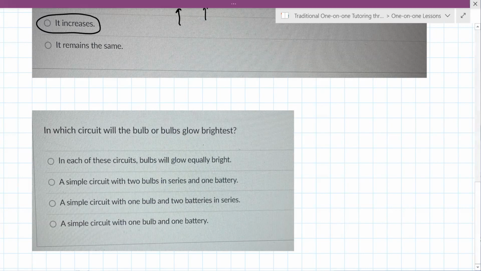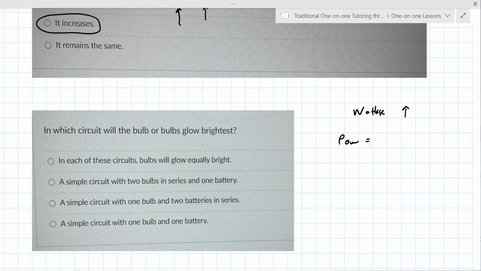We know that a bulb with a higher wattage, like when we go to the store, is brighter. Wattage refers to power. What is power? I squared V? I'd have to look that up, but it's related to current and voltage. Maybe there's a picture of this that I can find.